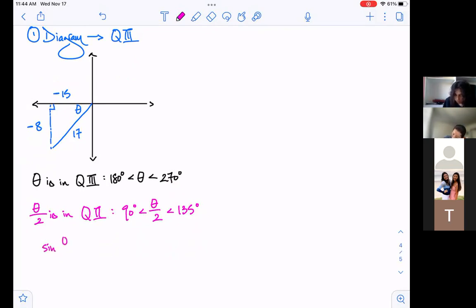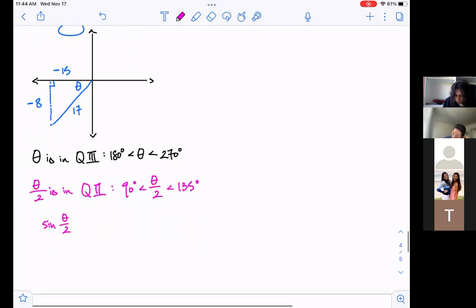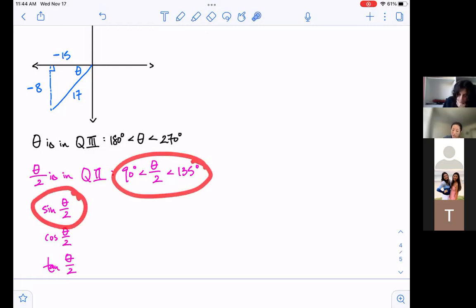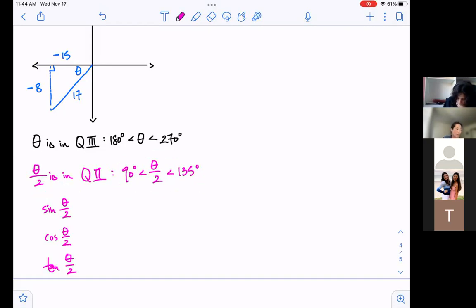Sine of theta over 2, cosine of theta over 2, and tangent of theta over 2. If my angle is in quadrant 2, is sine positive or negative? Great, it is positive. All right, so I know I have the plus minus in front of my square root, but I'm saying I know that it's plus.